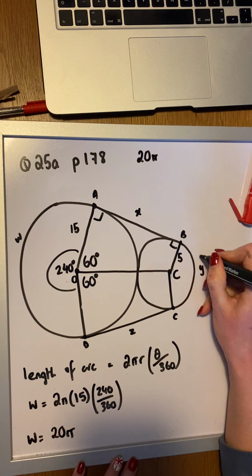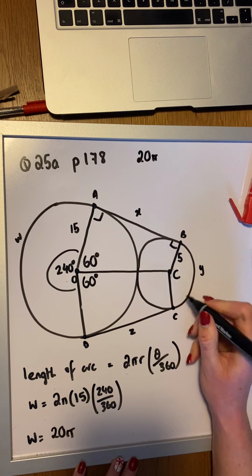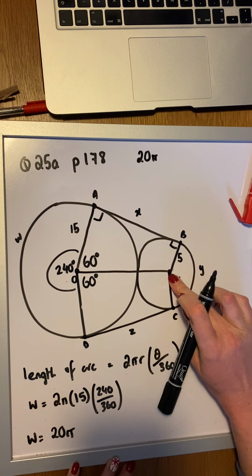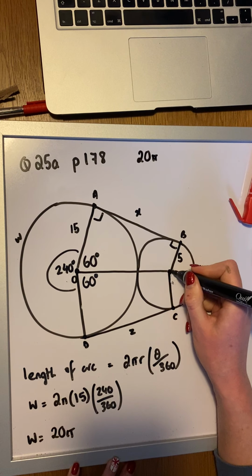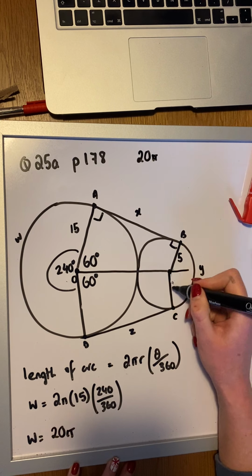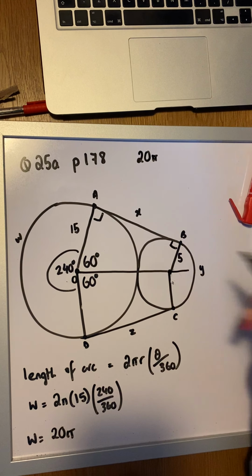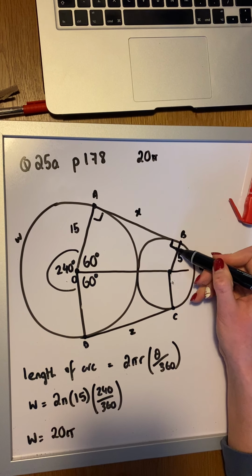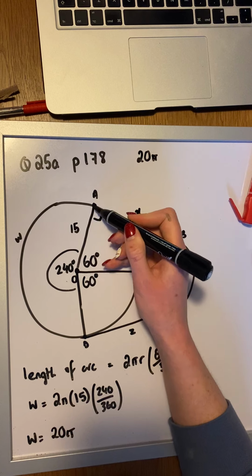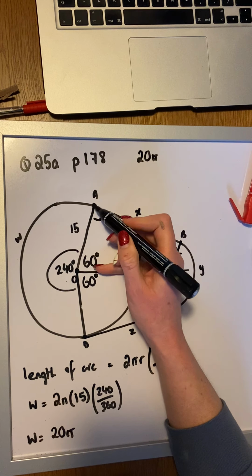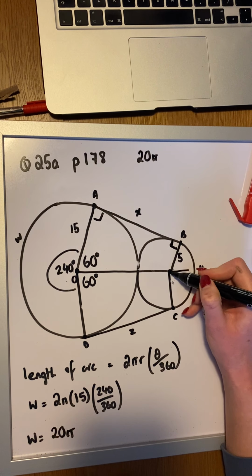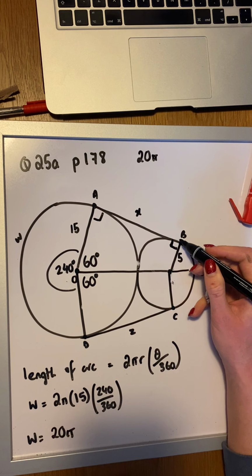We have to repeat the process and find the length of this arc here. Now, in order to find the length of this arc here, we again need to find the exterior angle, so the major arc, the minor arc angle in this case. Now, this goes back to the fact that if this is a 90-degree angle here, this line and this line, so the line from the center of the circle to A and the center of this circle to B are parallel.